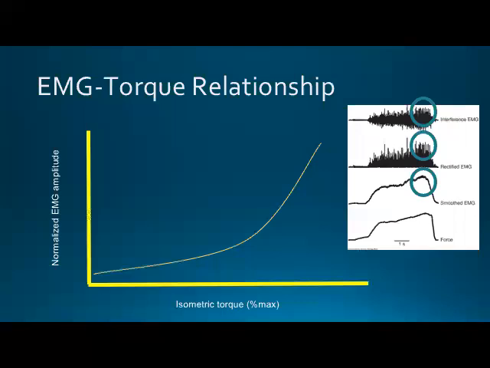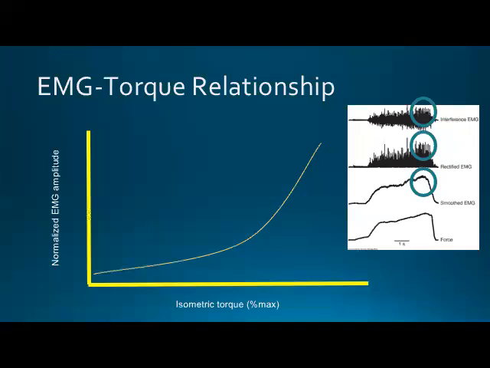If you look at percent of max, in this particular example, these individuals were starting at, say, 10% of max all the way to 100%. And then we normalized their EMG, so we have EMG amplitude as root mean square. As force increases, you should also see an increase in EMG amplitude, right? That's a very stereotypical response that you're going to see.